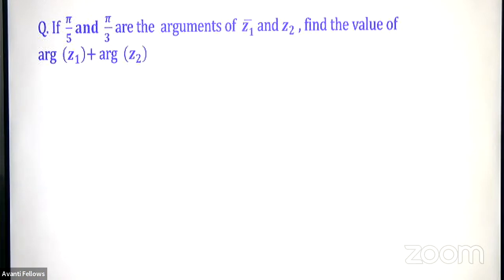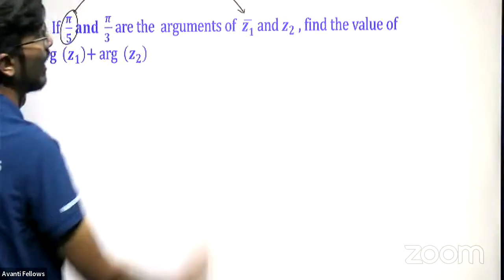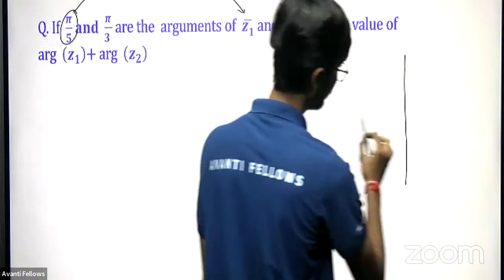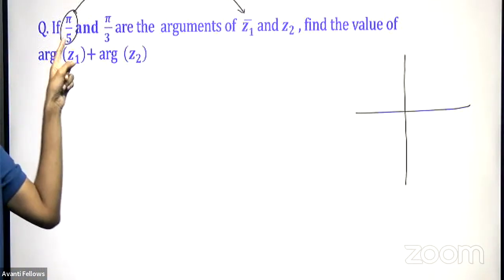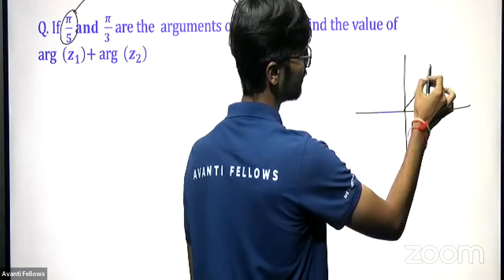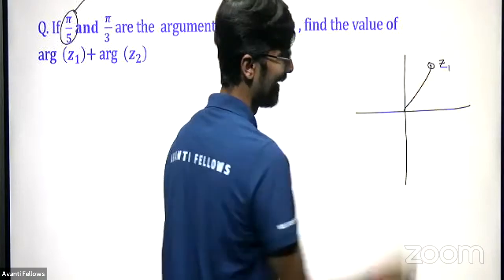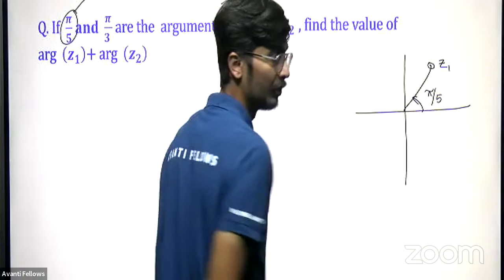Can you read it? Please note that pi by 5 is the argument of z1 bar. And you might know that for z1 bar, the argument is pi by 5. That means the point z1 bar is situated here, and this angle is pi by 5.